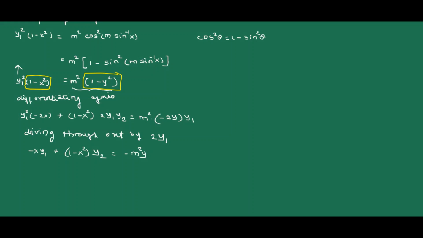So these are the remaining terms. First I will rewrite this equation: (1 minus x square) y2 minus x y1 plus m square y is equal to 0.